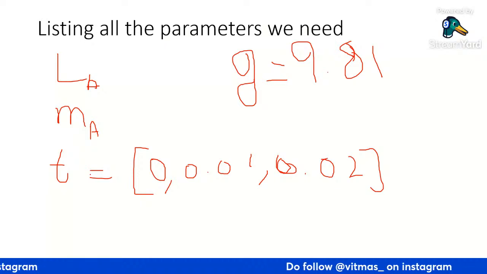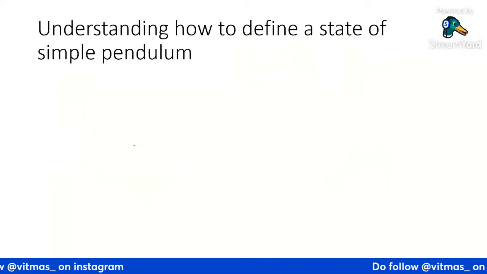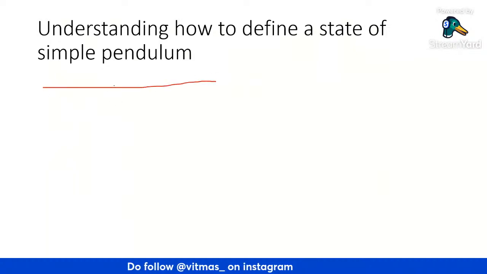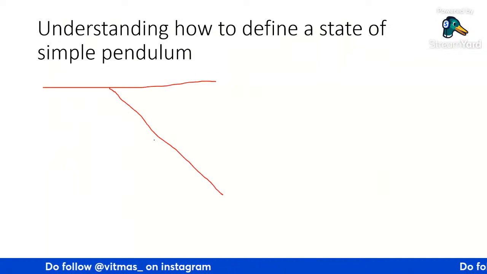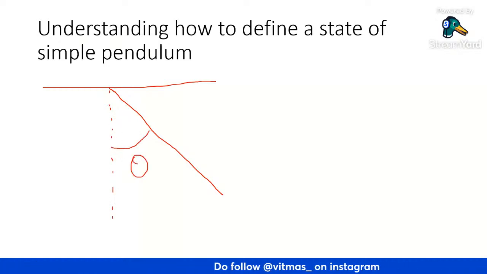Now, since we are doing simulation, we need to measure the velocity and acceleration, right? And also the position. So before listing those parameters, you need to understand how to define a state of a simple pendulum. Let's say we have a simple pendulum here, and we draw the vertical, and we measure this angle as theta.